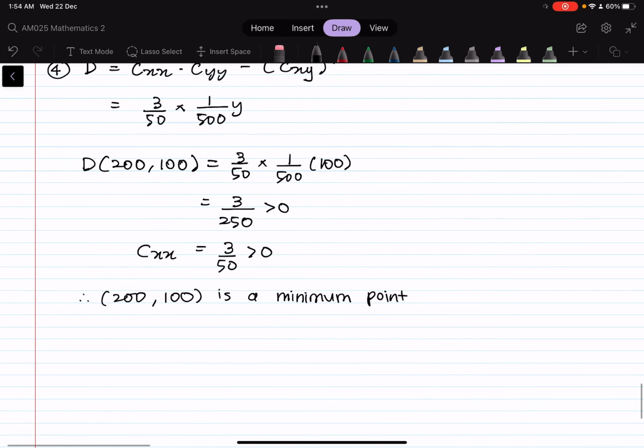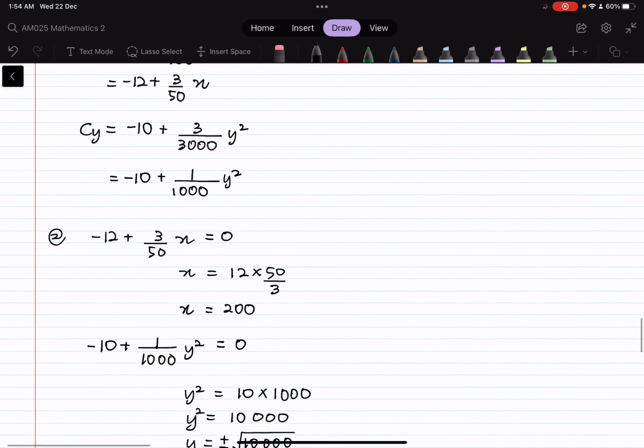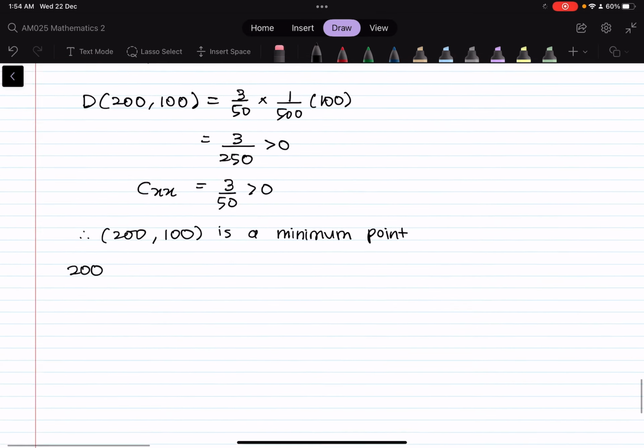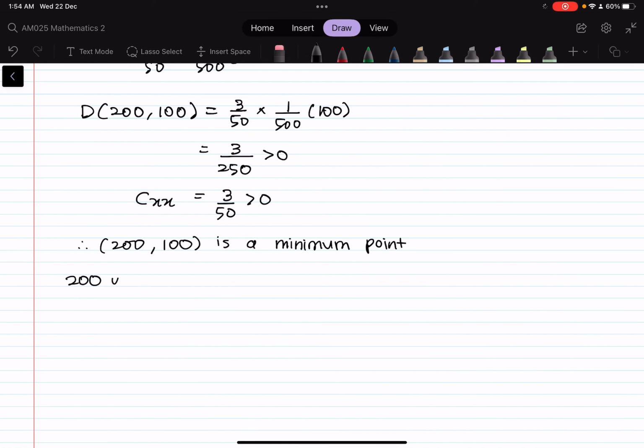And we can make a conclusion here. What are x and y just now? X and y are the amounts of the products produced. So 200 units of product X and 100 units of product Y minimize the cost.